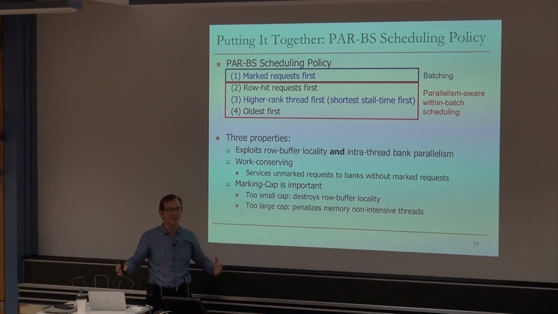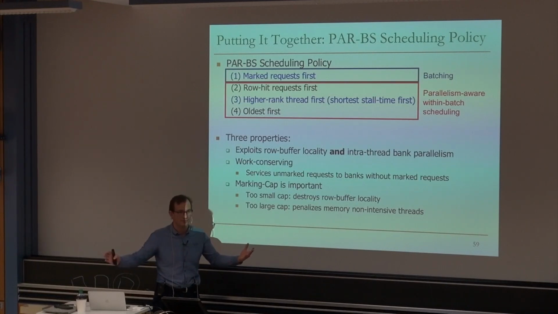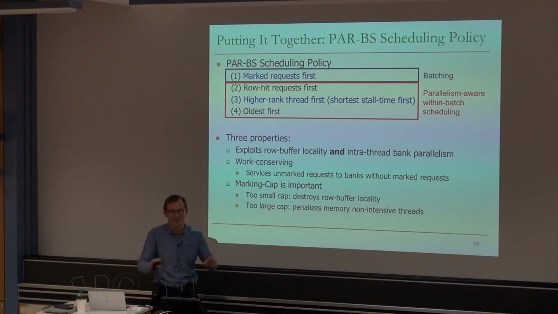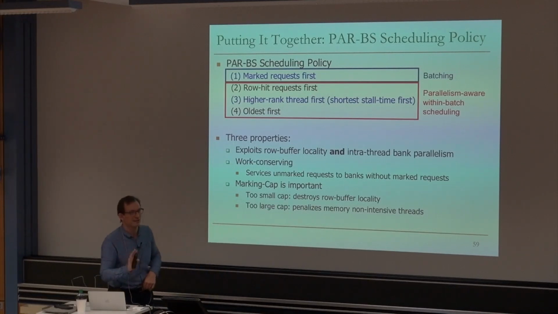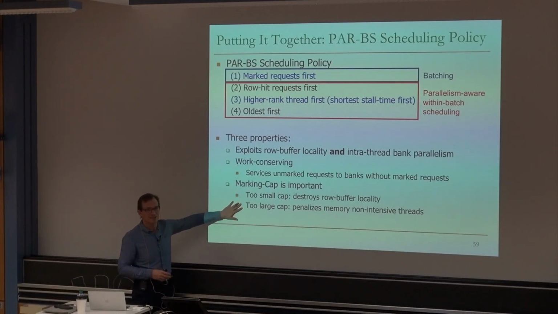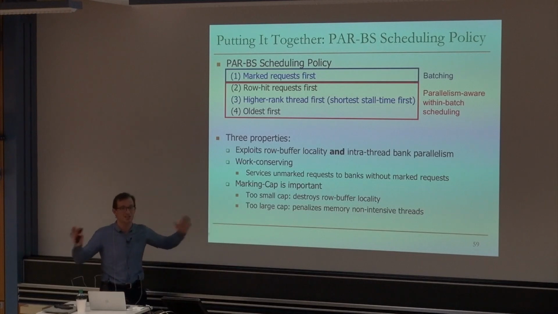If you have a memory non-intensive thread that injects a request, now it needs to wait for all of the requests in the batch to be serviced first. Because only after that this request can be scheduled. Or it gets lucky and it goes into a bank that has very small number of requests that are marked. So you basically inherently penalize these memory non-intensive threads if you do this batching and batches are large.